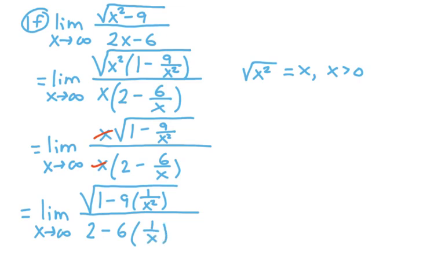As x goes to infinity, 1 over x squared goes to 0, and so does 1 over x. And so the correct answer here will be 1/2, because the square root of 1 is 1, and then I'm dividing by 2. And that's how we do 1F.